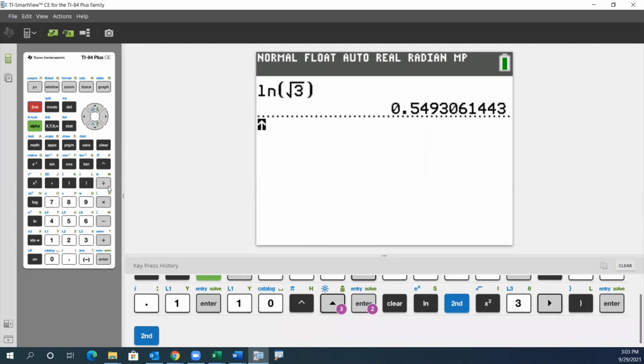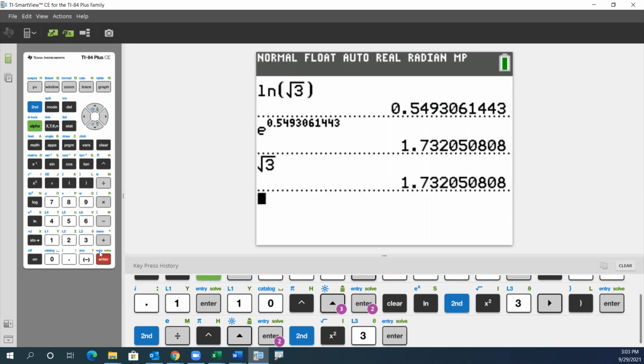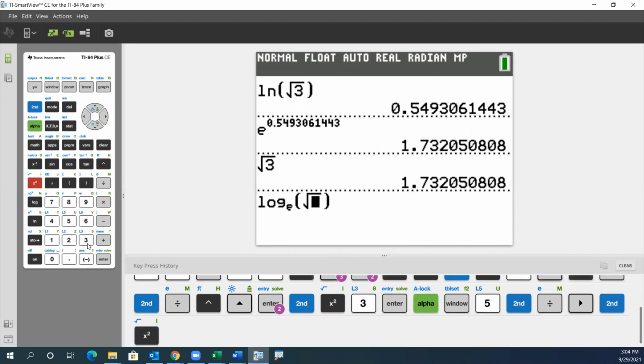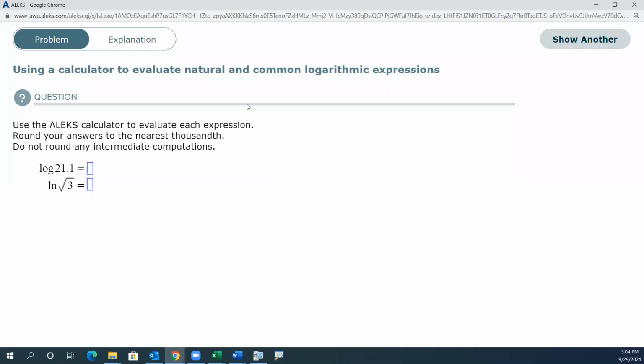So I'll go second, division, raised to that guy there. And that should be equal to square root of 3, and indeed they are equal. On this one, the slower way of doing it would be alpha window 5, typing the e, and then doing the square root of 3, and it'll give you the same answer. It just takes a couple extra keystrokes is all. But that's how it's done.